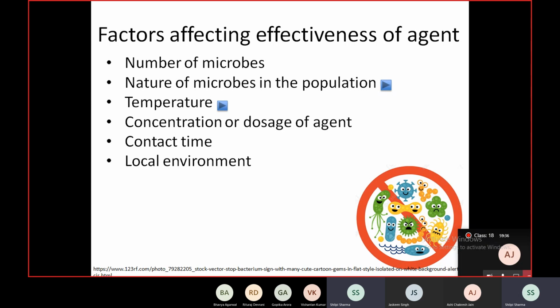So, for example, the number of microbes, and it is clear from the curve that you saw. An equal fraction of population is killed during each interval. So, a larger population requires a longer time to die than a smaller population.